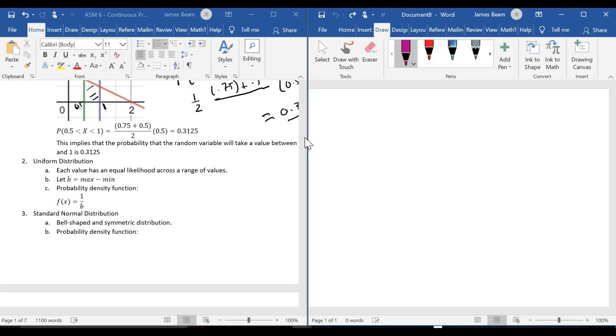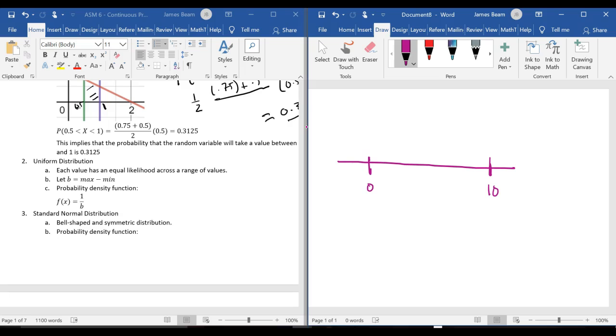So let's say I have some interval, time 0 to time 10, right? Let's say that this is a 10-minute interval and a train can arrive at any time in that 10-minute interval with an equal likelihood. This is a uniformly distributed problem.